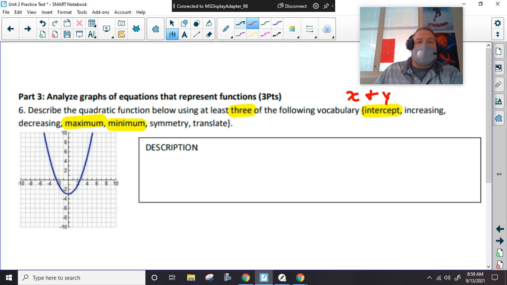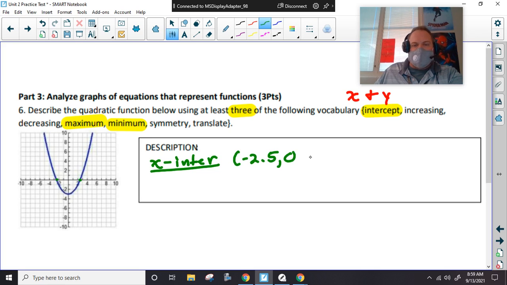Okay, now if we're looking here, what are our X intercepts? Where does it cross the X axis? Yeah, this is another weird one where it's like -2.5 and 2.5.